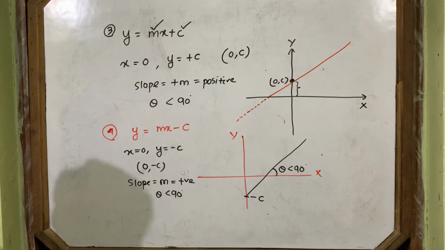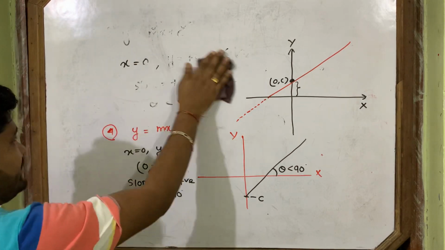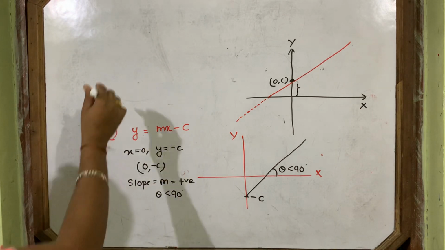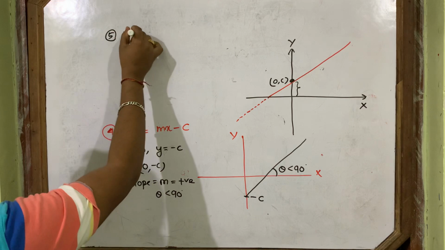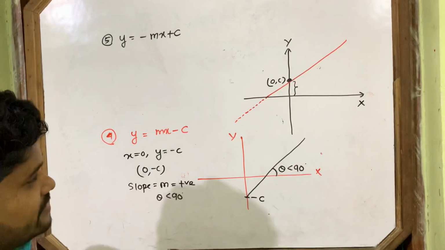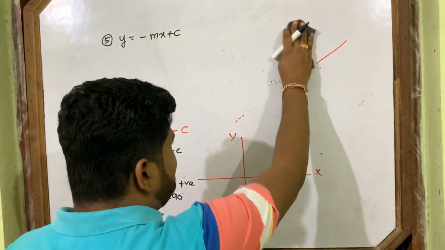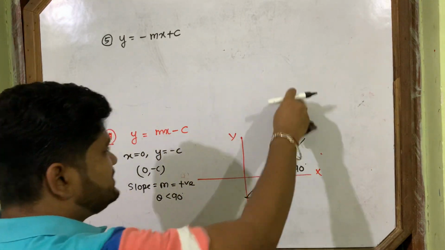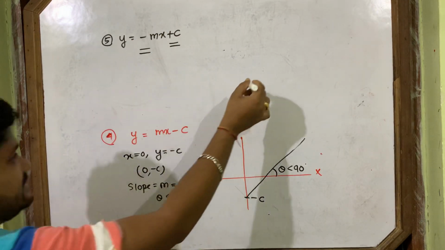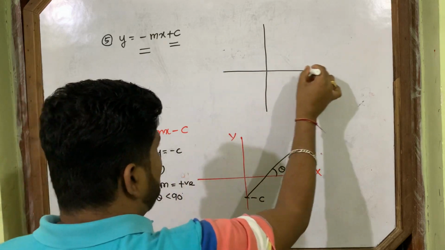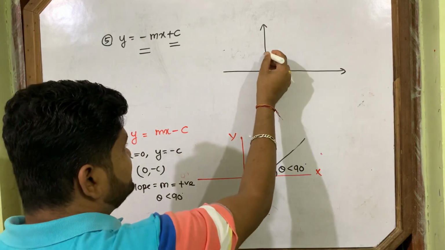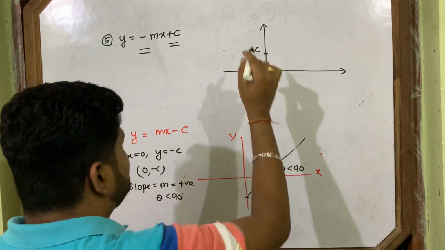Now we'll come to the fifth type of graph. You see, y equal to minus mx plus c. So what is this graph? Minus mx plus c means the y-intercept is positive, but the slope is negative. Y-intercept is positive, so the graph passes through this point.